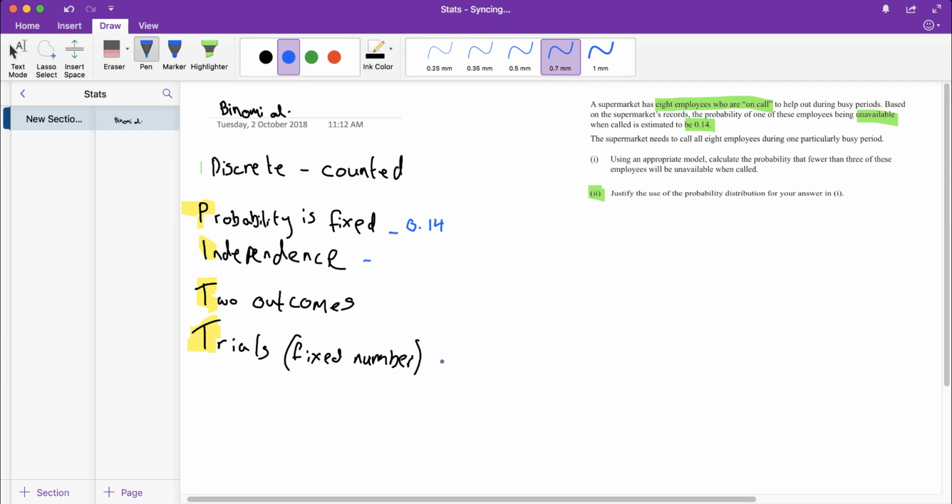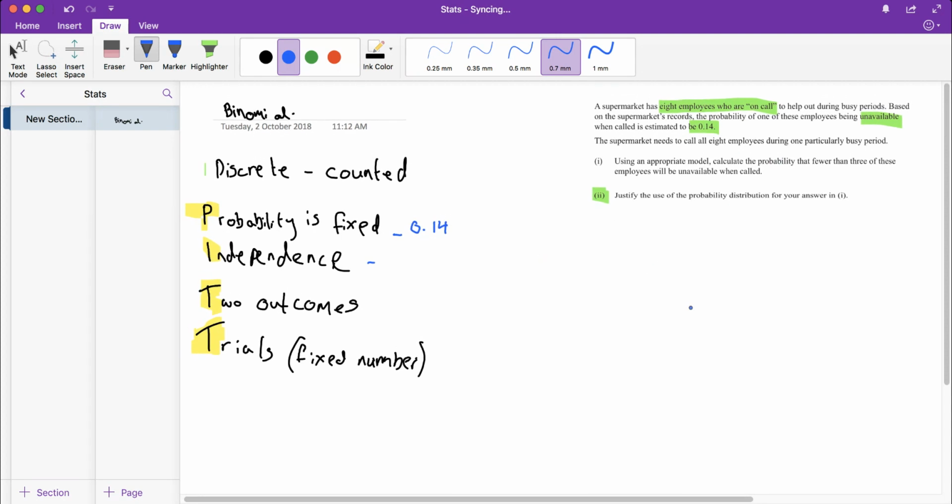And are there a fixed number of trials? Well, I've got 8 people to phone as my cover. There are only the 8 who are on call. So I'm pretty certain that this is a binomial, and I can justify that in the context.